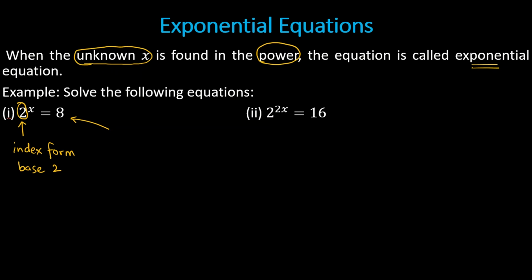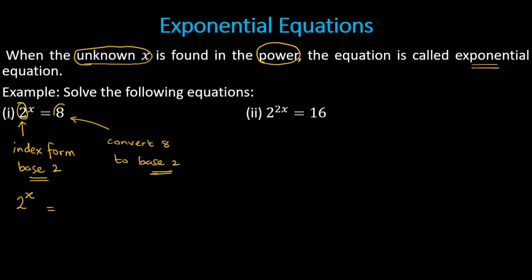So we need to convert the number 8 to base 2. Why do we convert to base 2? Because the left hand side is in terms of base 2. Always you have to work with the same base. So the left hand side remains as it is, 2 to the power of x.